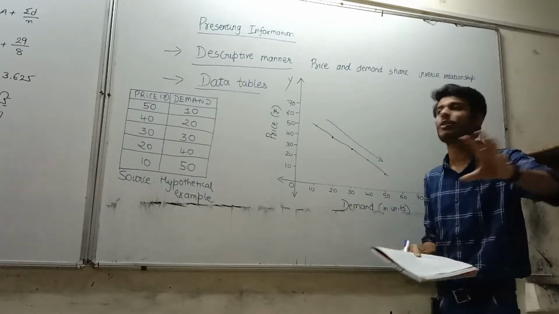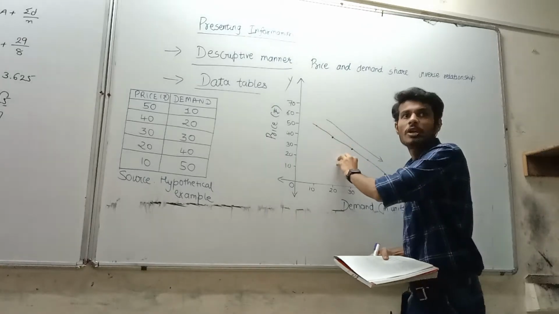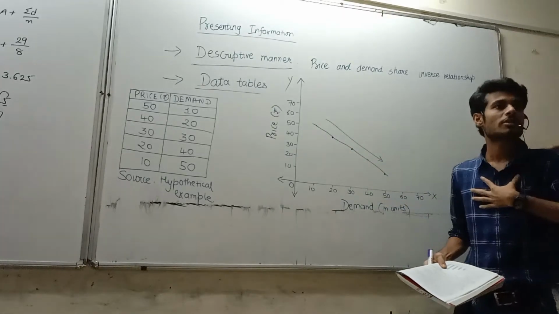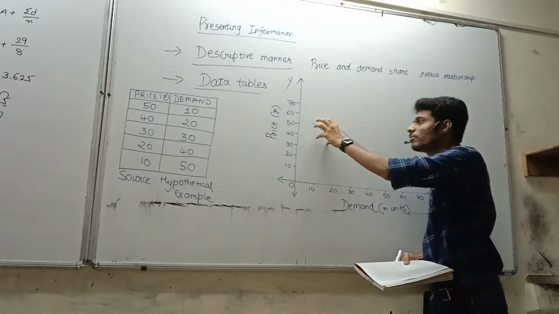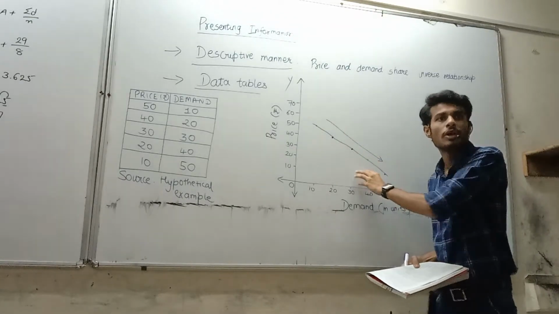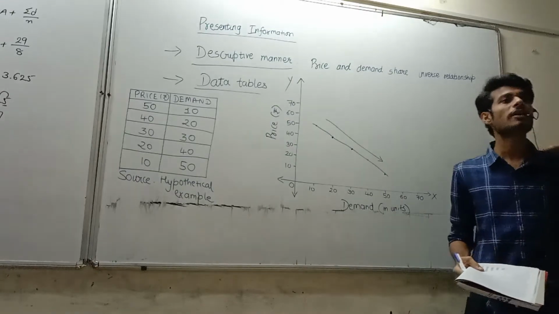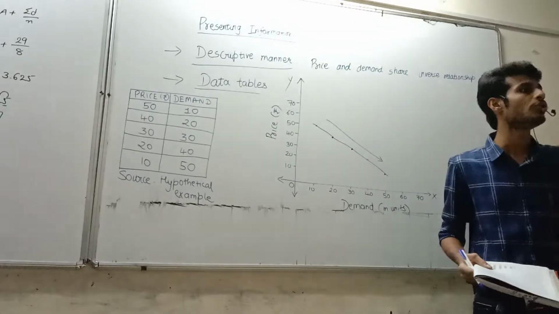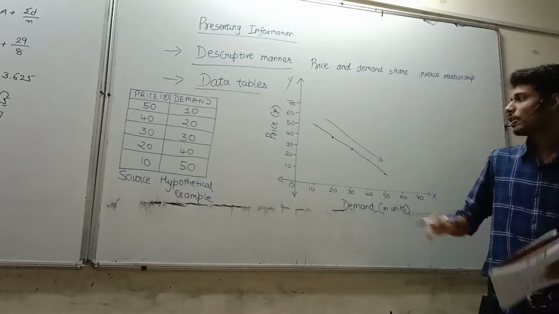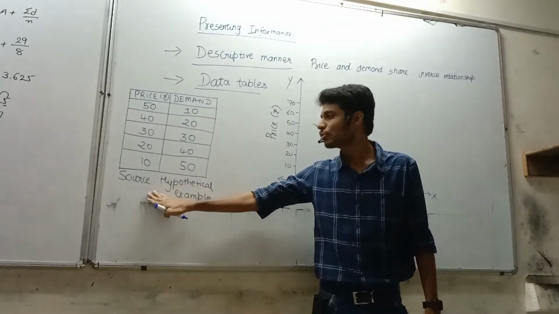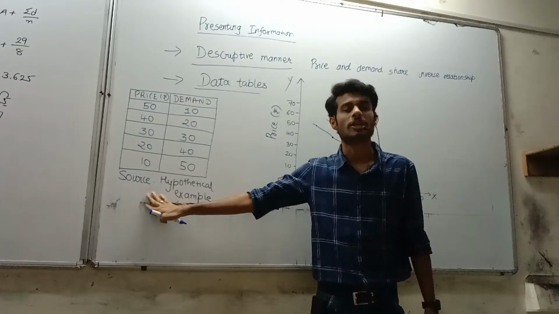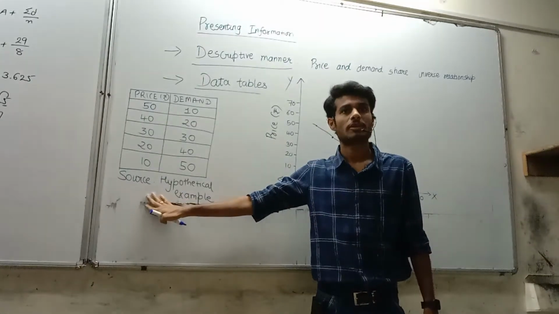Right? The sale of a particular product is continuously going low, so me as a businessman will think that I need to innovate a new product because the sales of my product are constantly going down or the demand is constantly going down due to new innovative products. So I need to make sure that the source of this information is genuine, is authentic, right?